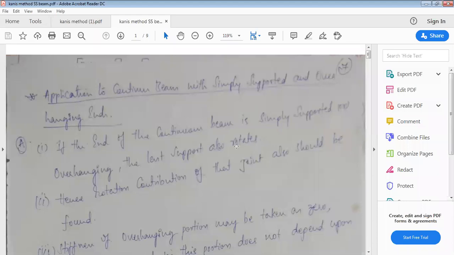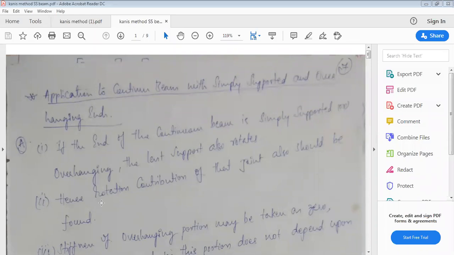For simply supported, there is a chance that it will rotate. Hence, the rotation contribution of that joint also should be found. So for a simply supported end, we need to calculate the rotation contribution.